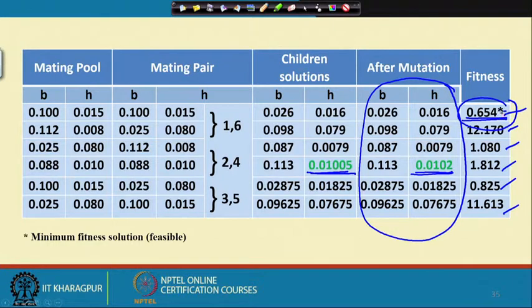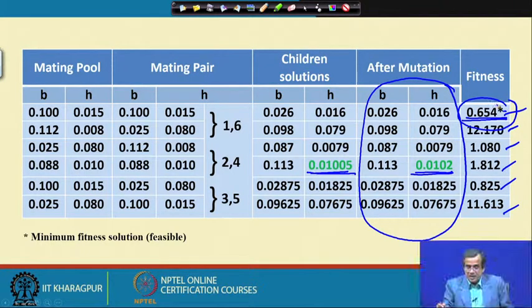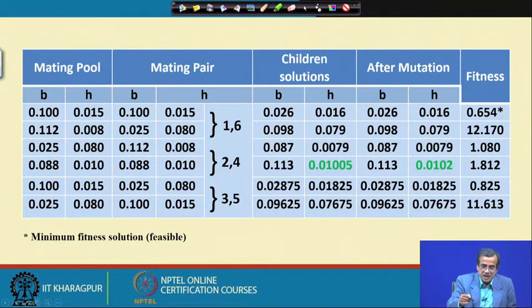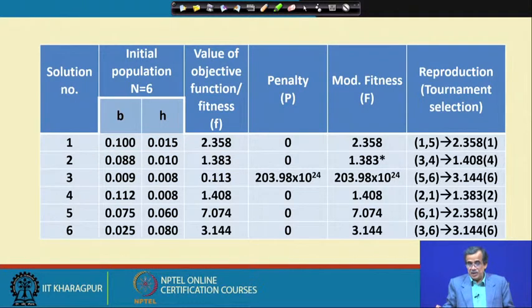Now, feasibility of this solution has to be checked using the principle of whether it is going to violate that functional constraint or not, and fortunately this is not going to violate the functional constraint. So, this is a feasible and valid solution having the minimum fitness. Now, this is what we are getting after the first iteration of the GA. Now, let us see what was the situation in the initial population.